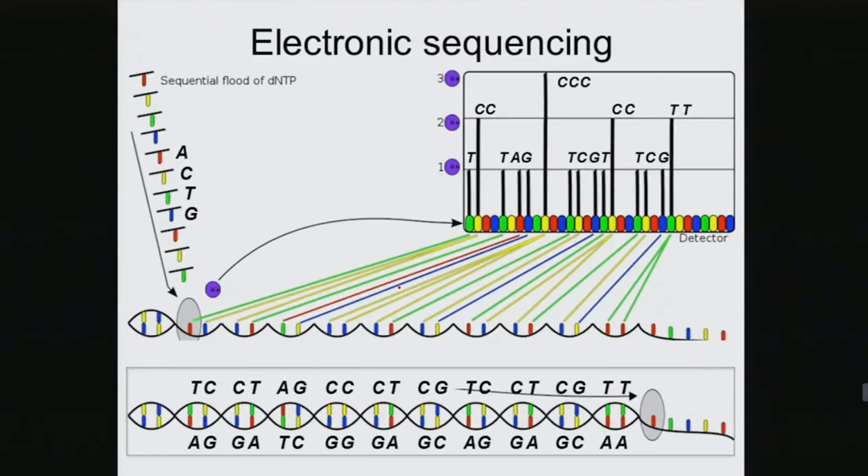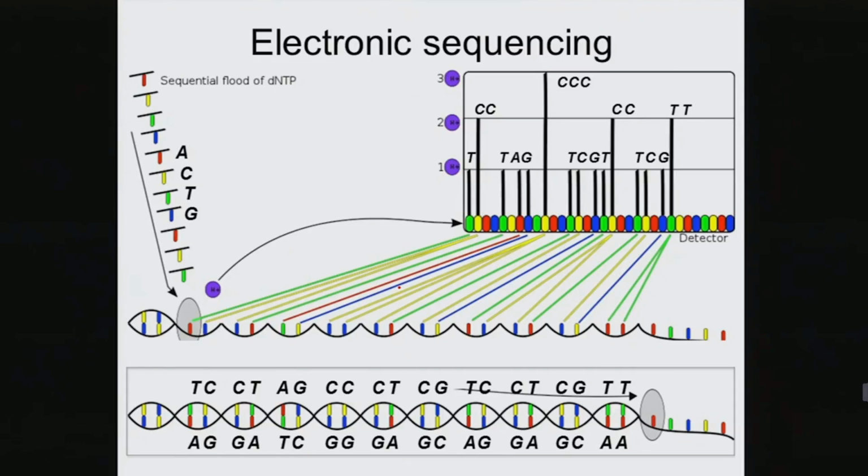These protons, the current associated with them, can then be detected by the machine, and you can get these peak graphs being observed on the computer. So just for example, say the blue was a G base that we flowed through. We didn't get incorporation, so you would not pick up an electric current signal. Again, if you flowed through an A, you probably wouldn't get anything.